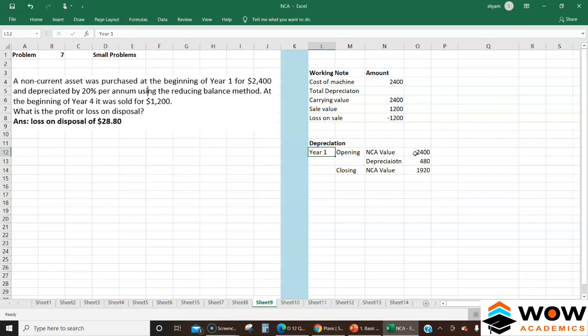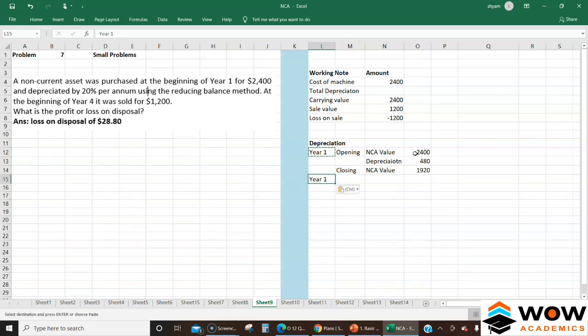So again we have to do it for year 2 and year 3. So year 2 opening value would be the same number, because the closing and opening would be the same, but we just have to provide the depreciation.